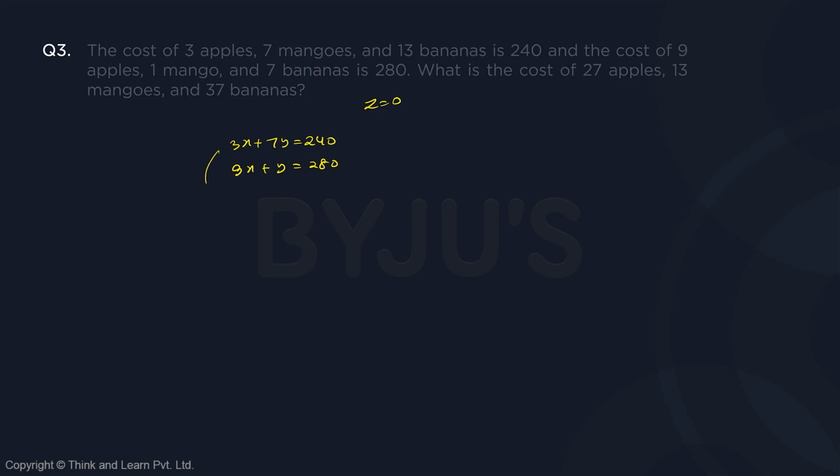If I multiply this with 3, this gives you 9x plus 21y is equal to 720. Subtracting will give you 20y is equal to 440, or y is equal to 22. Put it here. 9x will be equal to 280 minus 22, which is 258, or x equal to 258 upon 9.